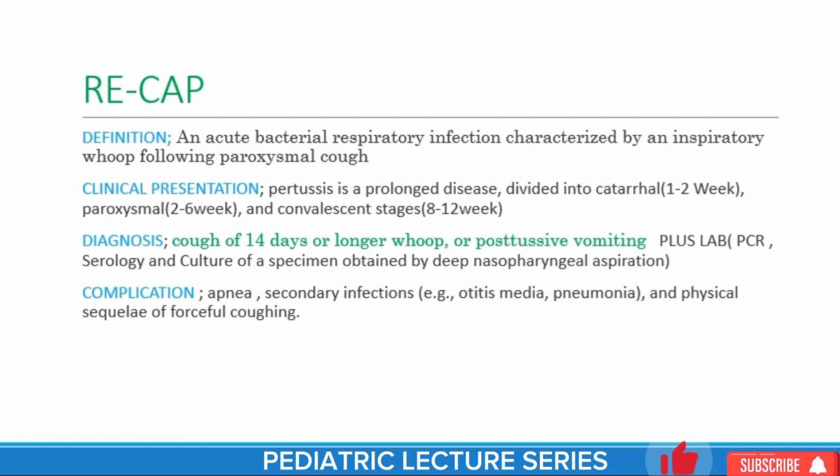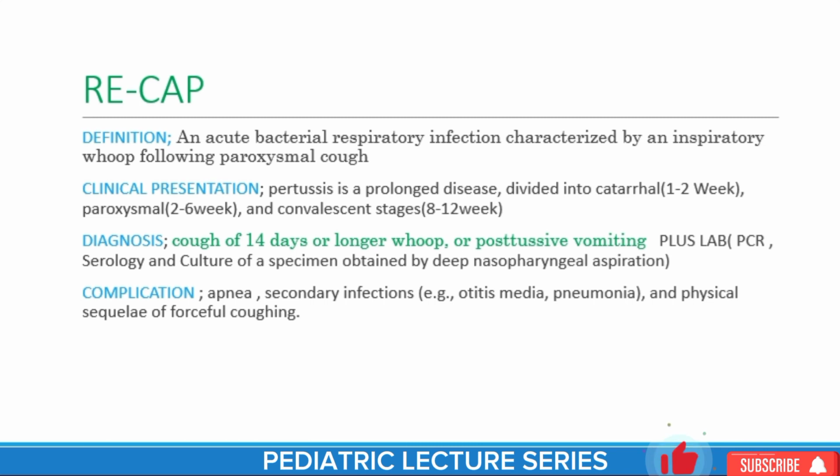As we are going to summarize, this is a recap. We looked at the definition, and we said this is an acute bacterial respiratory infection characterized by an inspiratory whoop following a paroxysmal cough. The clinical presentation is a prolonged disease which is divided into catarrhal, paroxysmal, and convalescent stages.